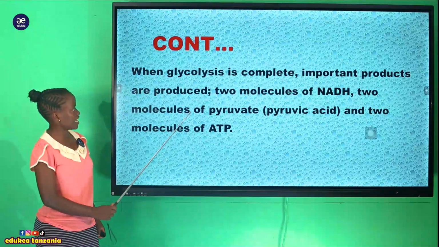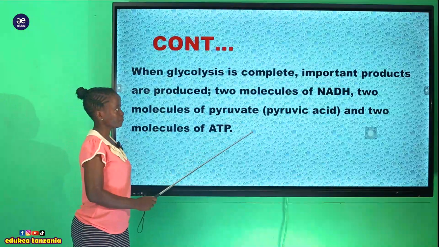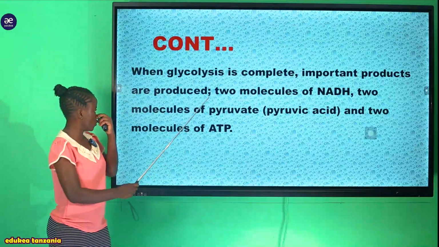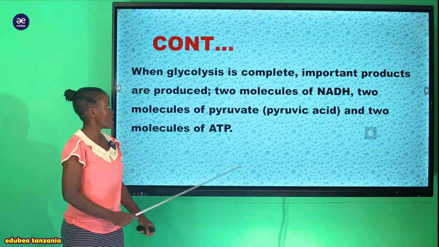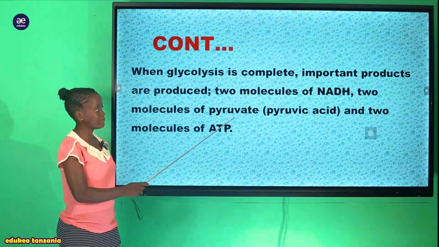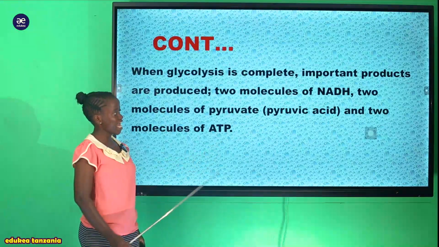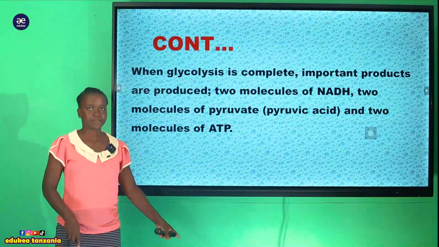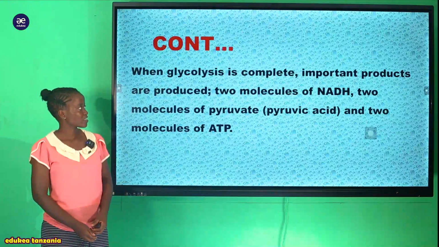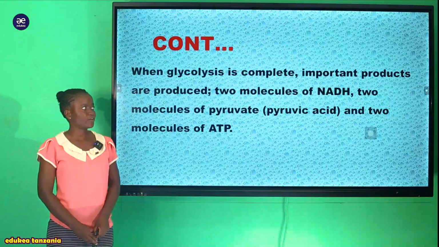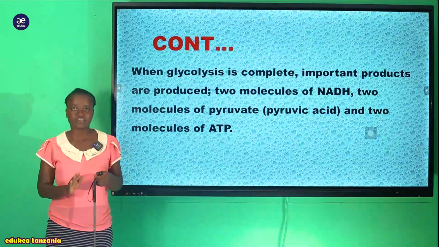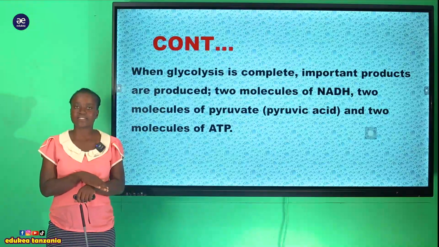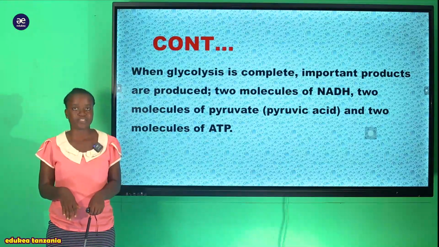And when the glycolysis is complete, important products are produced: 2 molecules of NADH, 2 molecules of pyruvate, which is the pyruvic acid, and 2 molecules of ATP. So tunasema kwamba ile glycolysis ikishaisha, sasa tumeshamaliza zile stages which are involved in the glycolysis.